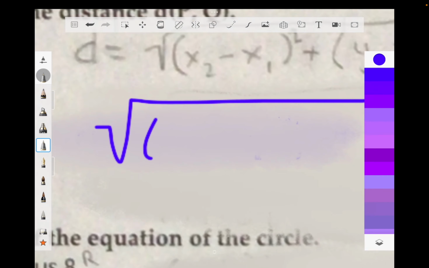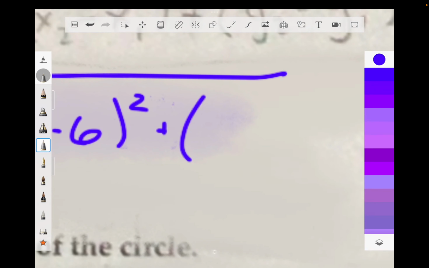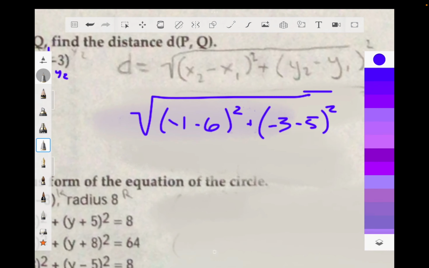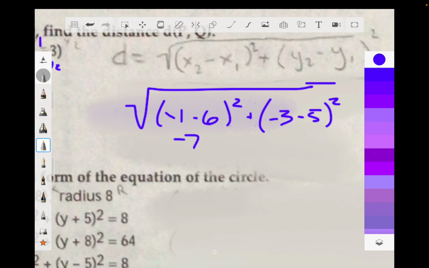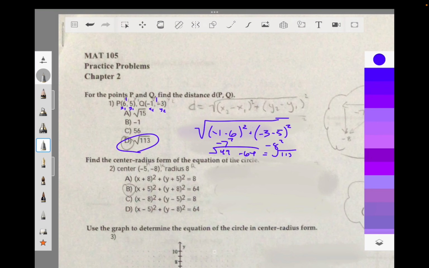So it'd be -1 minus 6 squared plus -3 minus 5, which would be -7, -8 squared, 49 plus 64, which is root 113, right there.